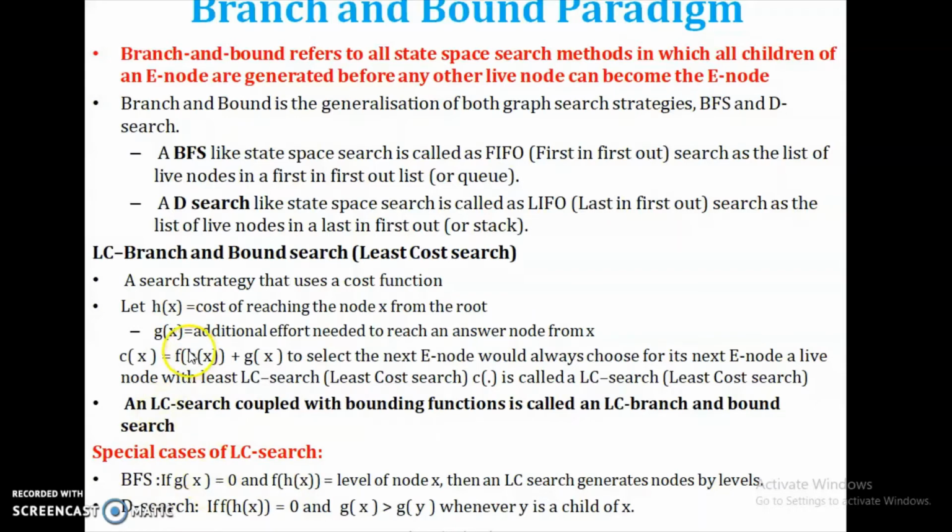And if h of x is 0, we are not going to check the cost of reaching the particular node. We are just concentrating on the additional effort needed to reach the answer node from x. That time it is a D search, and normally this D search is giving you the final fixed tuple. That means it will have fixed size for all the solutions, right? So normally this g of x will always be greater than g of y.